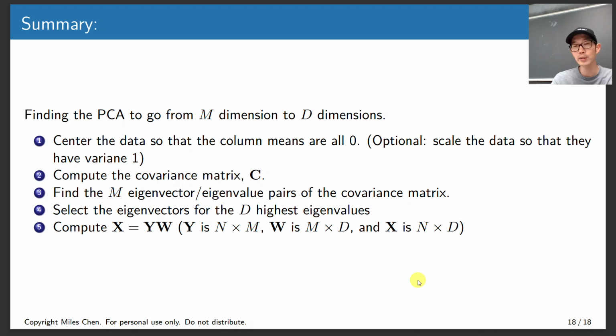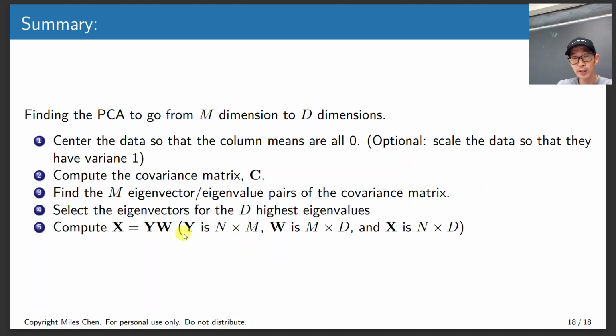Okay, so just to summarize all of this, to do principal components analysis to go from M dimensions down to D dimensions, we center the data, so all the columns have mean 0, okay?